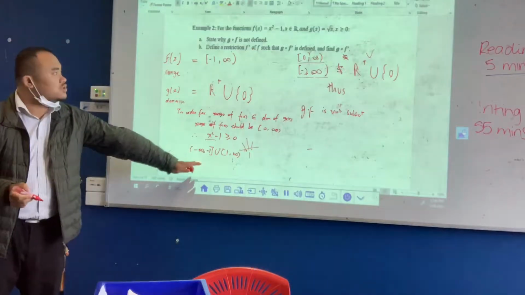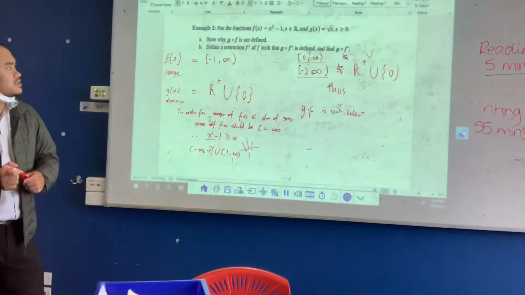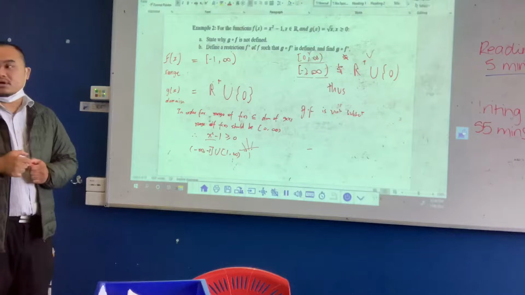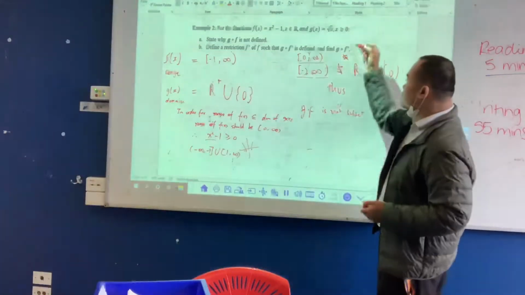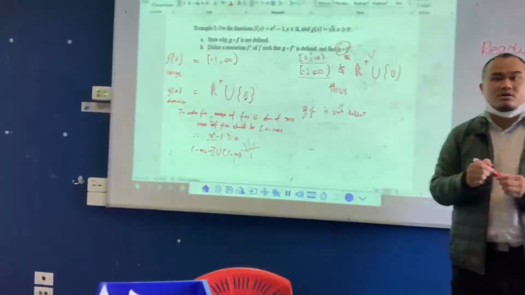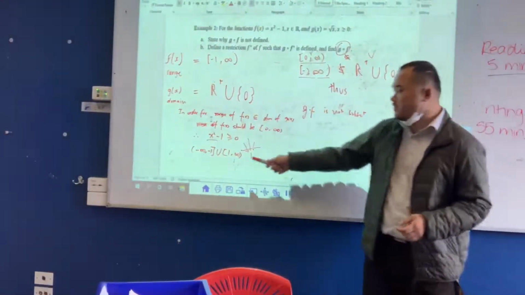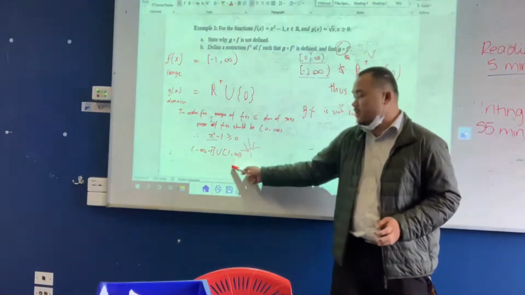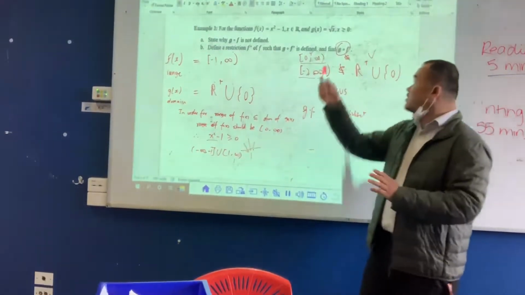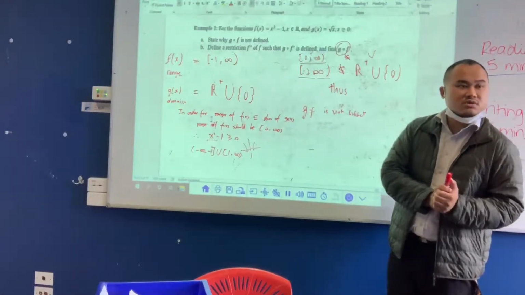So that is the restricted domain. Does it make sense? Okay, and then we can do the same thing to find the equation of the composite function, as long as it's defined. You can't find the composite function when it's not defined. Now it's defined because you restricted the domain, and then you can find the composite function.